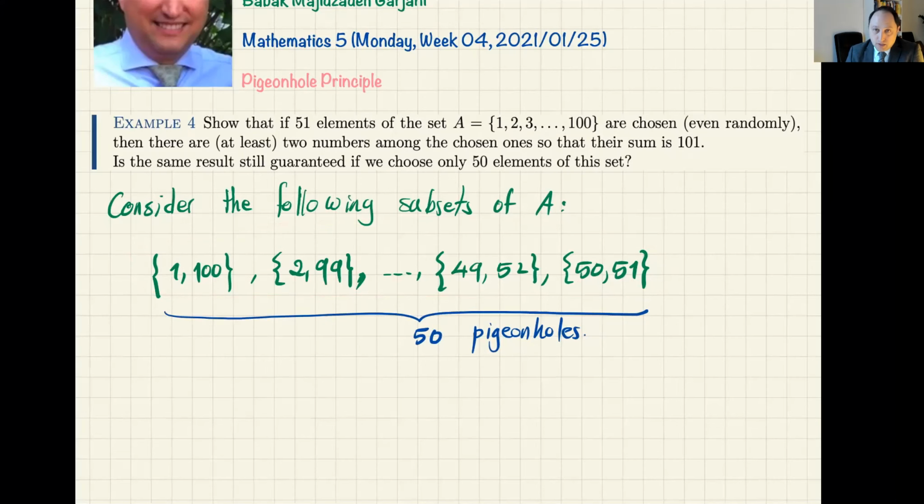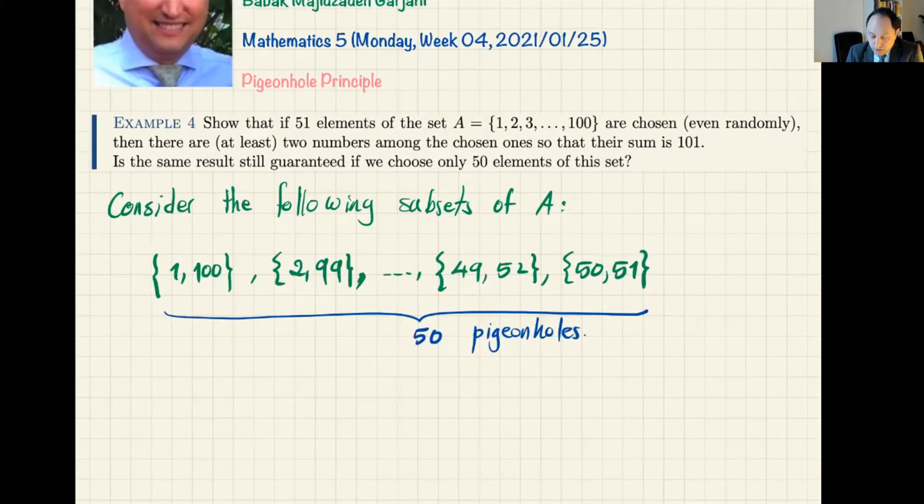So now, if I start choosing a number at random, any number that I choose belongs to one of these pairs, not more. Yes, it is clear. If the number is 1, of course, this number belongs here. If the number is 52, the number belongs here. Yes.